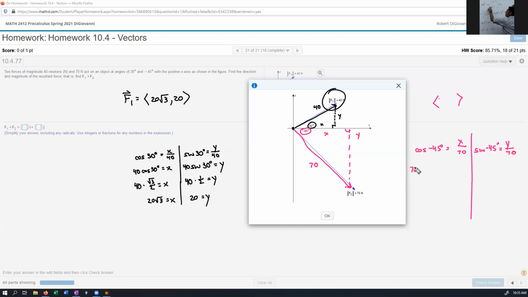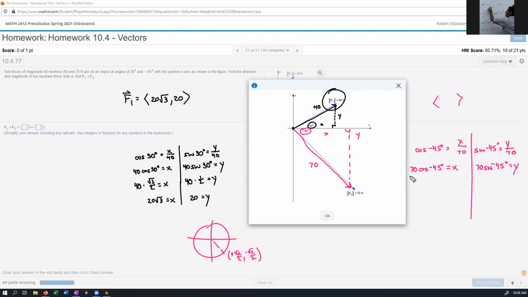And so 70 cosine of negative 45 equals x, and 70 sine of negative 45 equals the y. Now, when you look at negative 45 degrees on your unit circle, that has the coordinates positive root 2 over 2 and negative root 2 over 2 for cosine and sine.